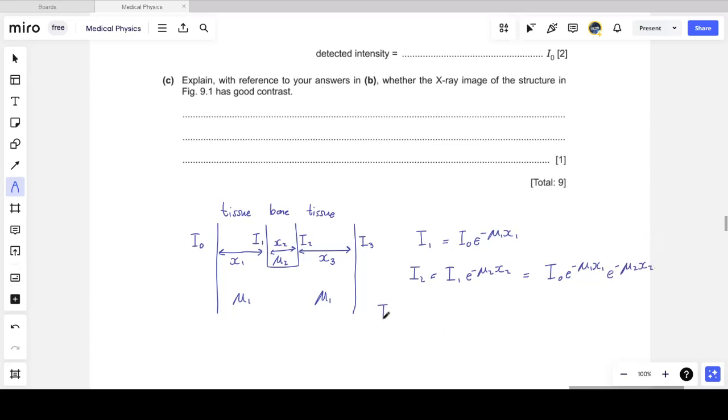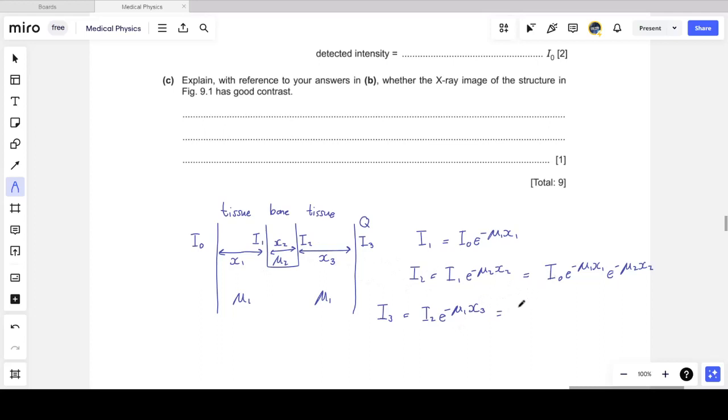And then what I actually want is the intensity on the other side at point Q, as it's labeled in the diagram, I3. And so this is going to be I2 e to the minus, and we're looking at the coefficient of soft tissue, which is mu1, times the distance it travels, x3. We aren't sure if it's symmetrical, if x1 and x3 are the same, so we're just going to label them differently.